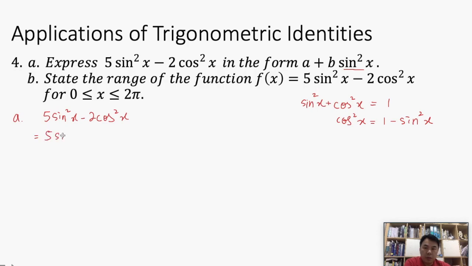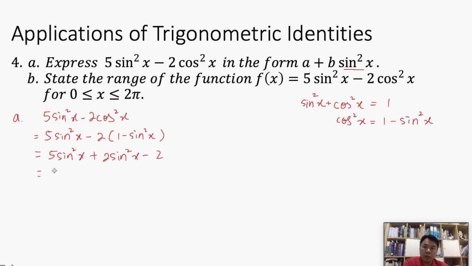That will give us 2 times 1 minus sine square x, and that would give me, hold on, so that is actually 2 sine square x minus 2.